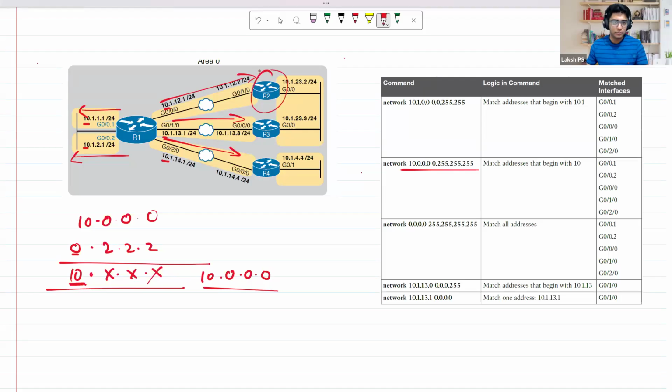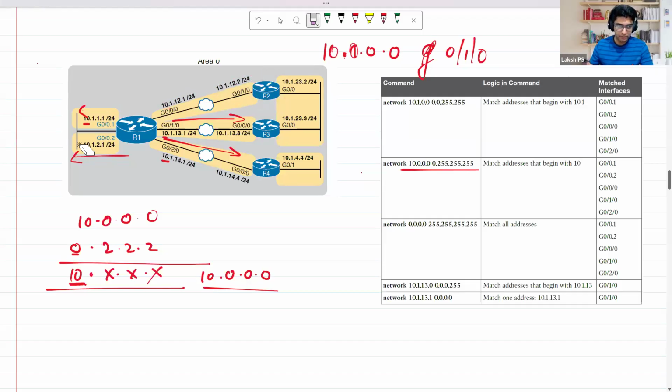So on R2, now R2 knows to reach the 10.0.0.0 network, it needs to send the data out of the gigabit 0/1/0 interface. So this is how OSPF is helping the other routers populate their routing tables, by advertising through OSPF messages. Okay, let's look at a few more examples in order to understand this even better.